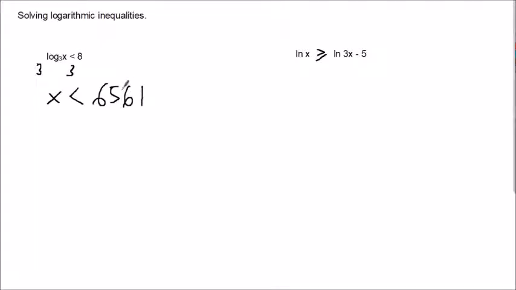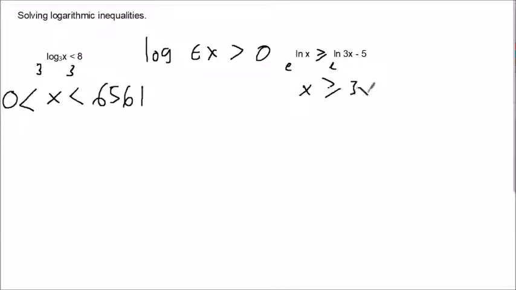But in this case, the log function is defined for x higher than 0, so x cannot be lower than 0. So our domain is 0 to 6,561. Same thing as this, we'll put e to both sides. We'll have x is higher than or equal to 3x minus 5.